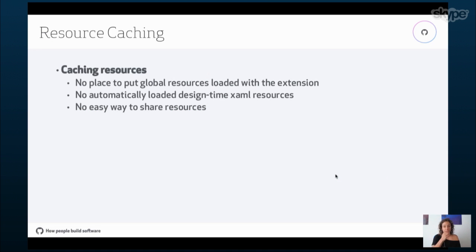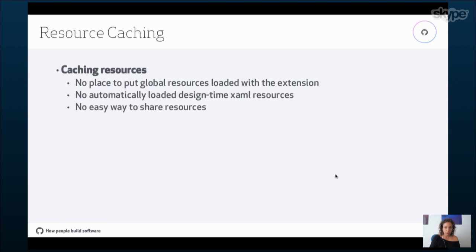Other problems that we had were resource caching. For some reason, if you've done WPF apps before, you'll know that you can put things in an app.xaml, a specially named file that will load global resources in a way that's shared across your app and at design time.